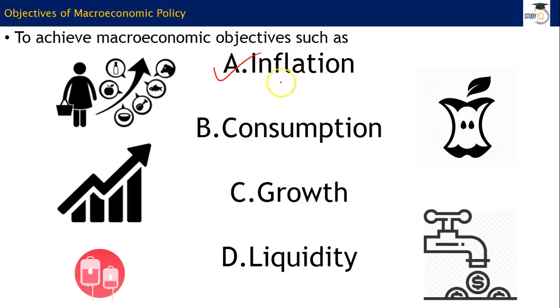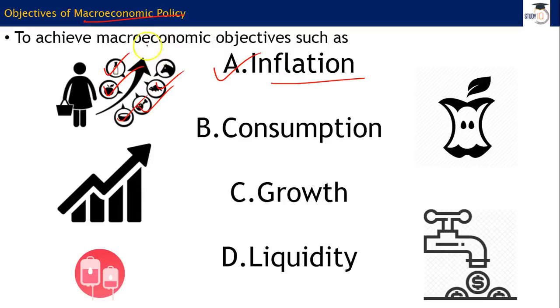Inflation, first of all, is one of the main objectives of macroeconomic policy. Now, if I break down what inflation is all about, basically inflation means a rise in the price of all the things that you buy in retail, like milk, vegetables and fruits, fish and meat, eggs, and other items that we consume on a regular basis.